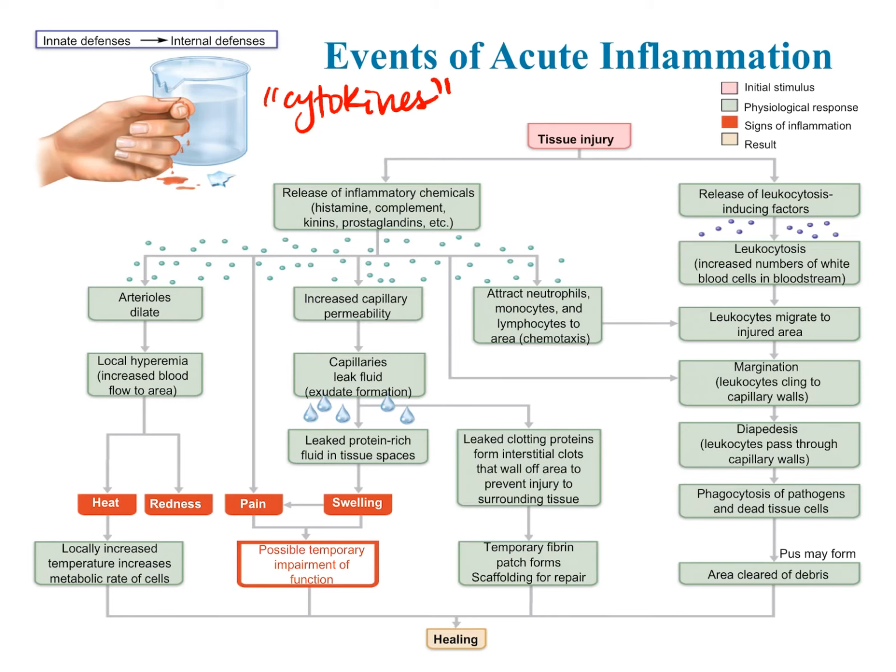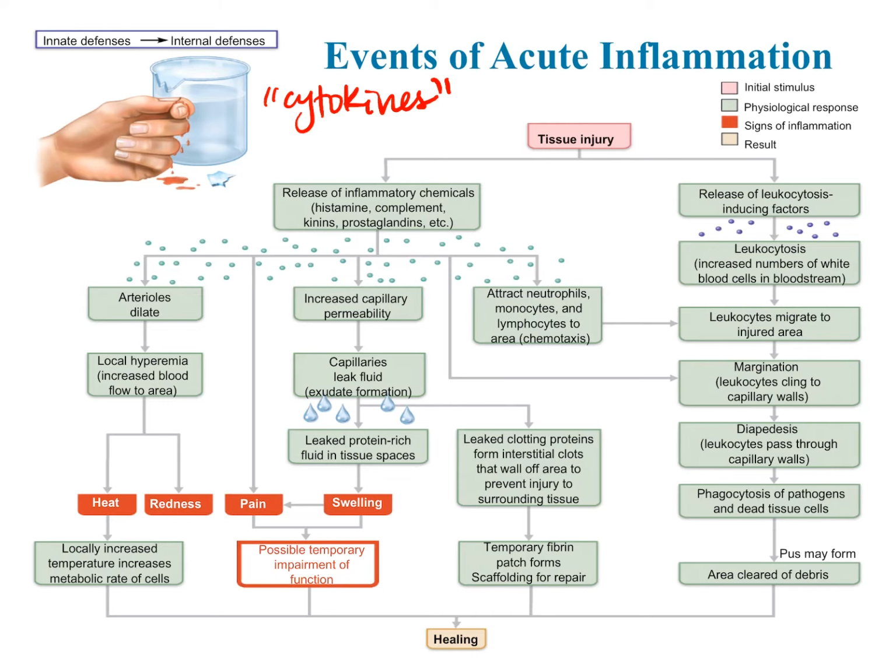Now, again, these are going to be this class of chemicals that are going to regulate inflammation and immunity, and in general, when they're released, they're going to act as paracrines or even have an autocrine effect. Recall that paracrines and autocrines are going to be released from a tissue, and then they're going to go on locally to act on cells of that tissue, or in the case of an autocrine effector, it will act on the same cell that released it.